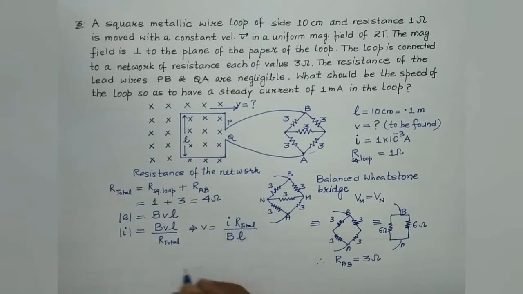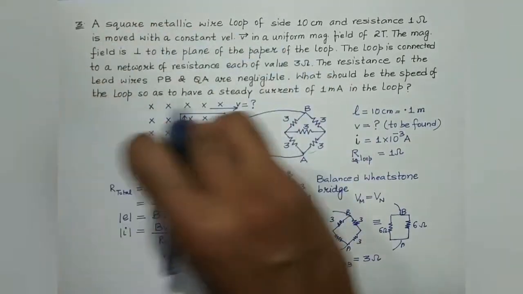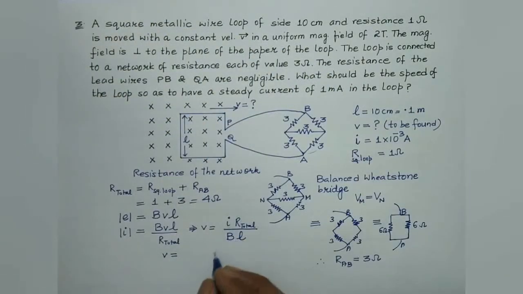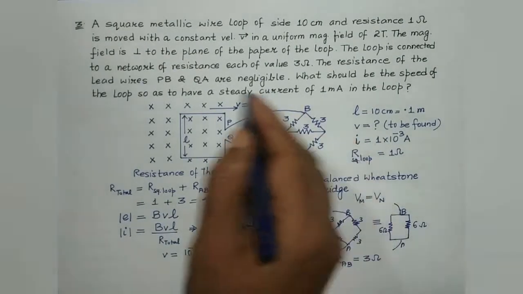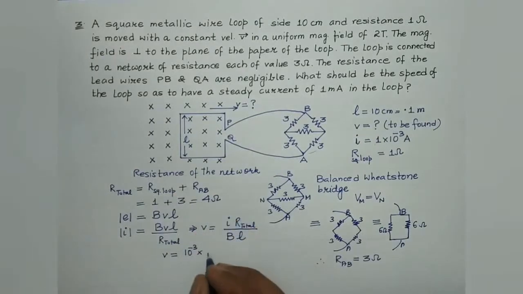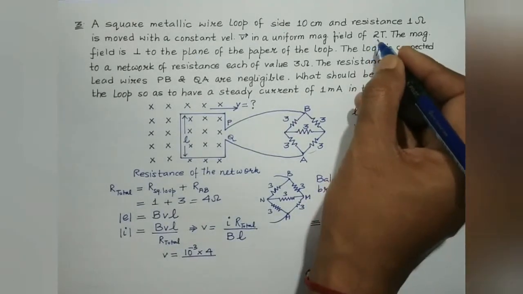So let's substitute these values over here and we should get the speed with which this metallic loop needs to be moved, right? So the current is given to be 1 milliampere, 10 raised to the power minus 3. The net resistance of the entire thing is given to be 4. The strength of the magnetic field is given to be 2 Tesla.